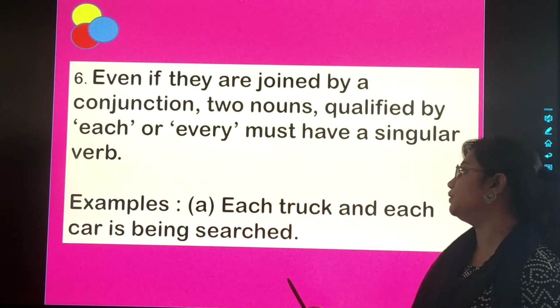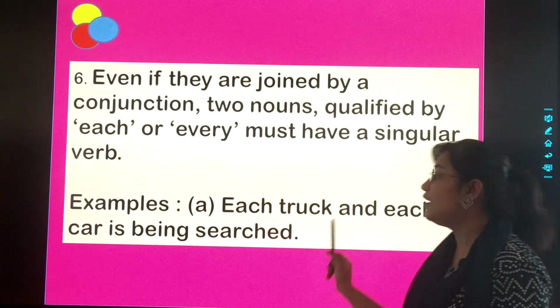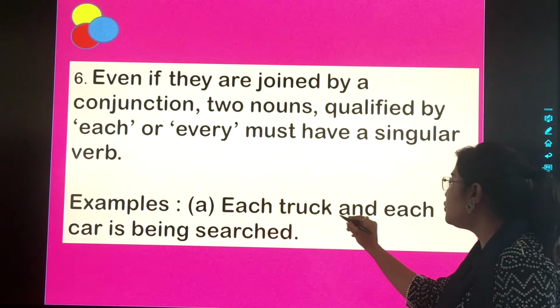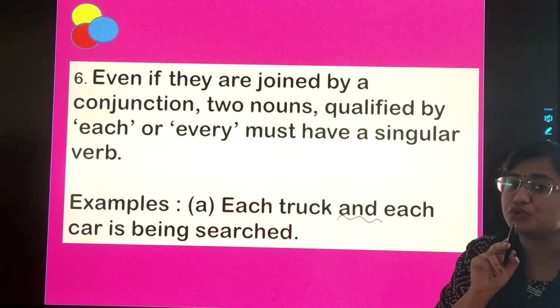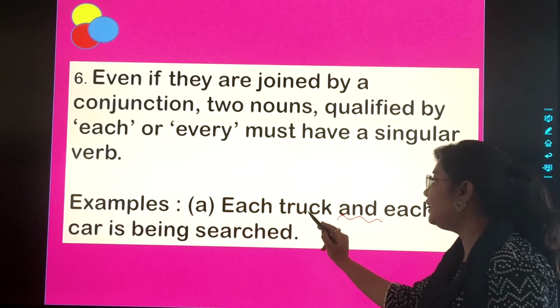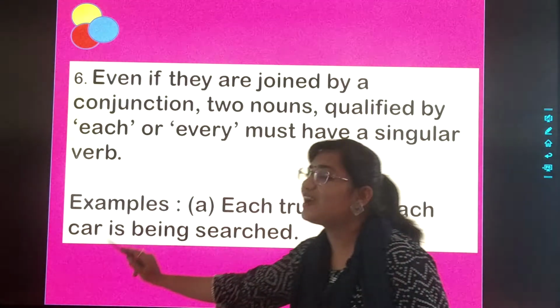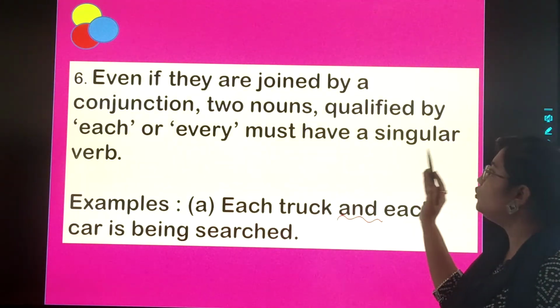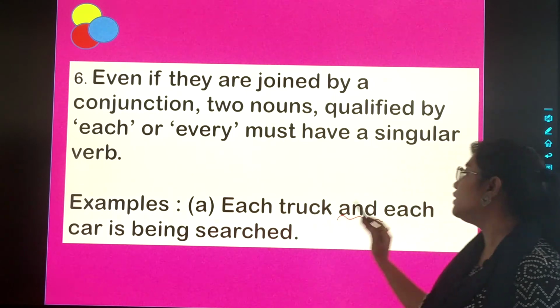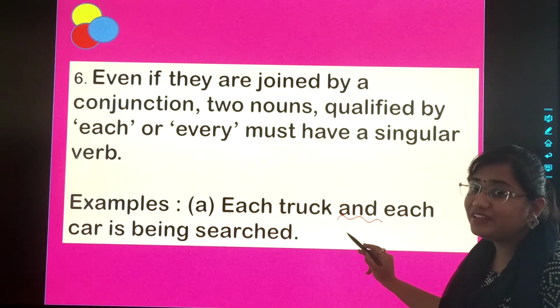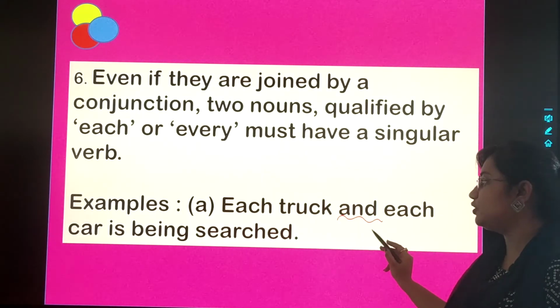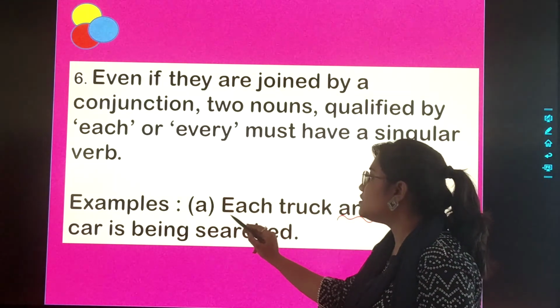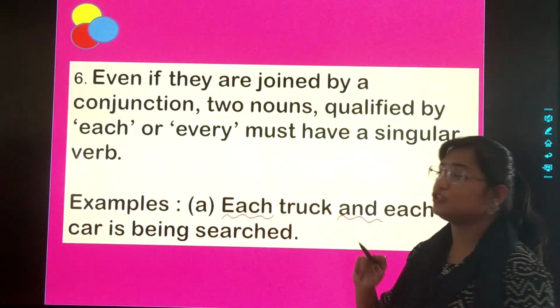See the example. Each truck and each car is being searched. The conjunction and is used to join truck and car. These are the two nouns over here. So you need to pay attention that it is joined with the help of a conjunction and it starts with each.